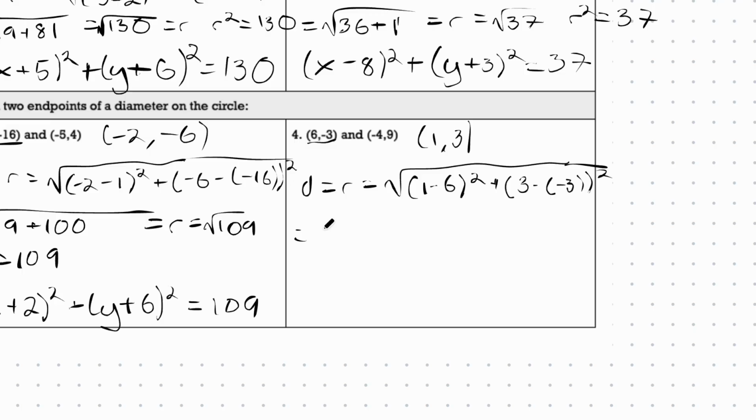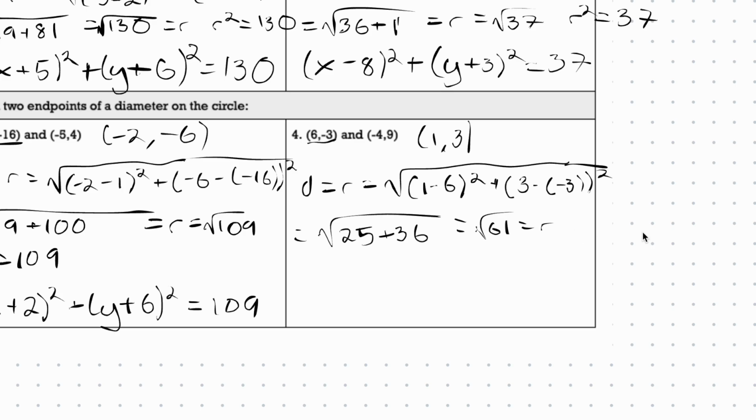And this equals (-5) squared, which is just 25. And this is 3 minus -3, which is the same thing as saying 3 plus 3, so 6 squared, 36. And that's going to give us 61. √61 is our r.